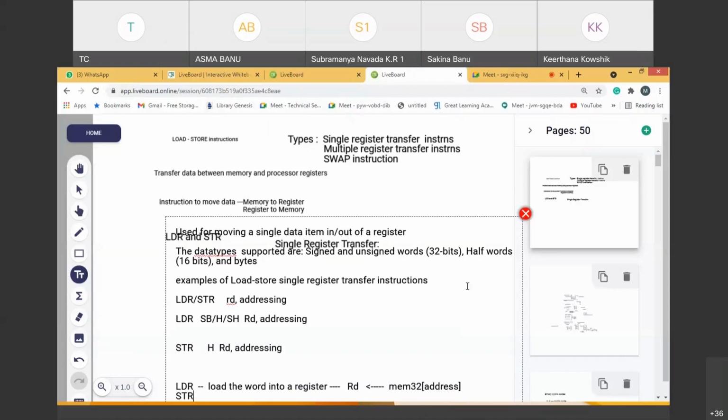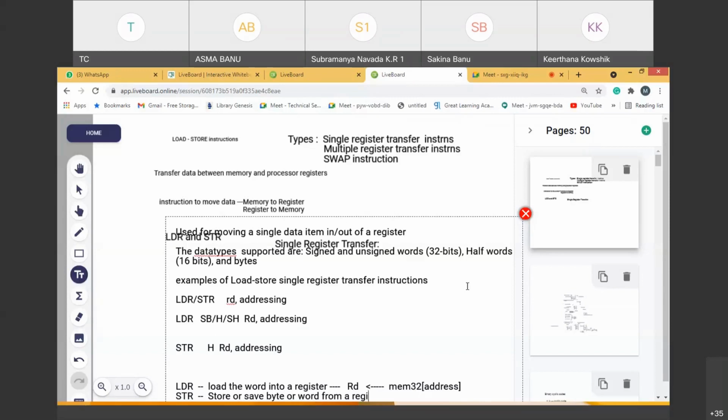Similarly, STR is the instruction. It says save or store the word, any word can be used. Store a byte or word, B means byte. Usually a word will be taken from a register, from a register to memory.